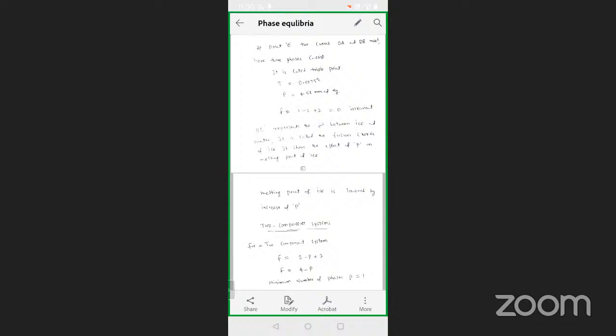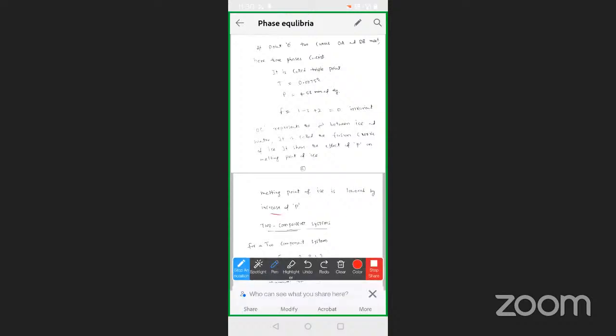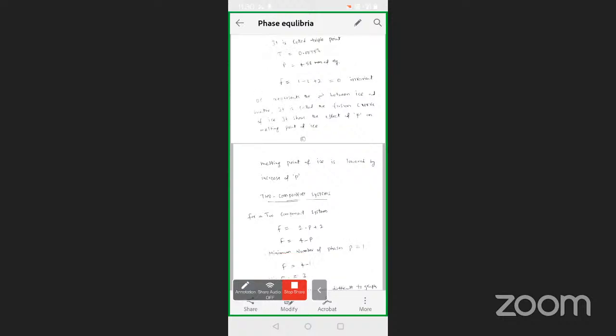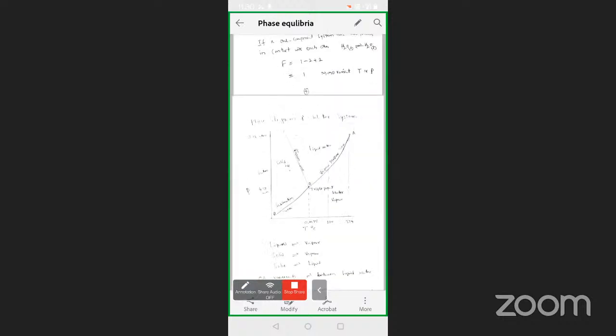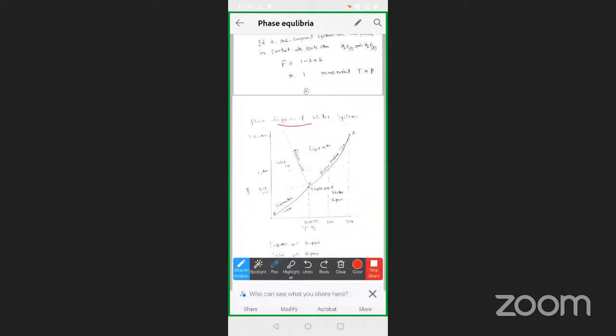The melting point of ice is lowered by an increase of pressure. This is the phase diagram of the water system.